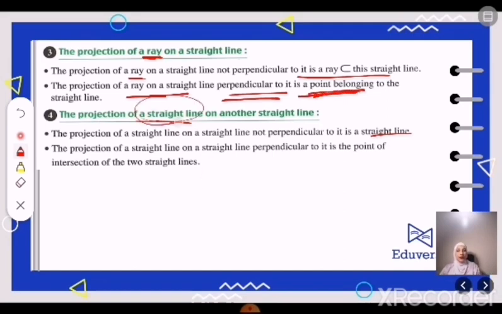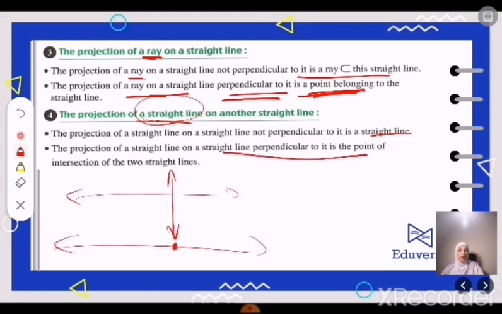The same with the straight line: its projection on a straight line will also be a straight line. What if it's perpendicular? Then the projection will be just one point, the intersection point of the two straight lines.